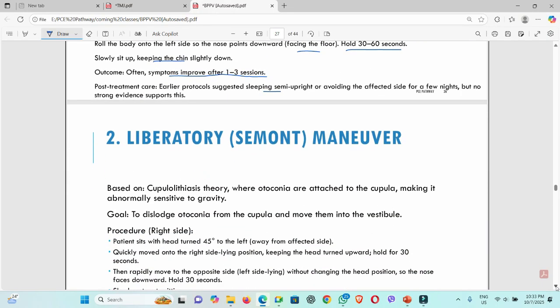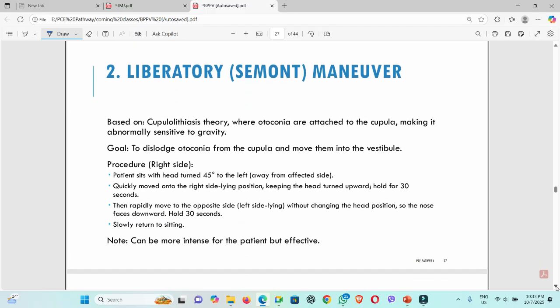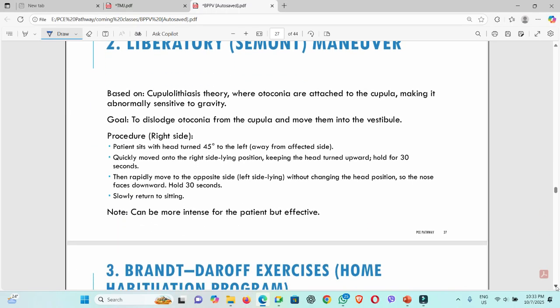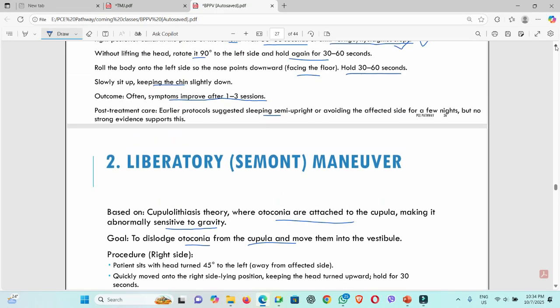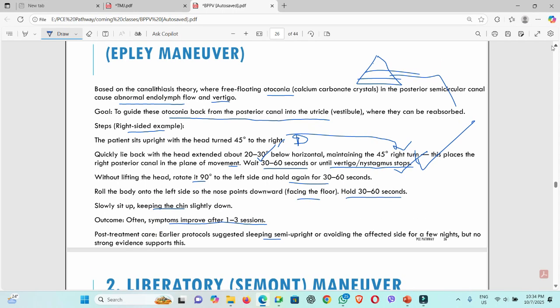Next is liberatory or Semont's maneuver. Now again, it is also based on cupulolithiasis theory, where otoconia are attached to cupula, making it abnormally sensitive to gravity. Goal is to dislodge otoconia from cupula. Where was otoconia?